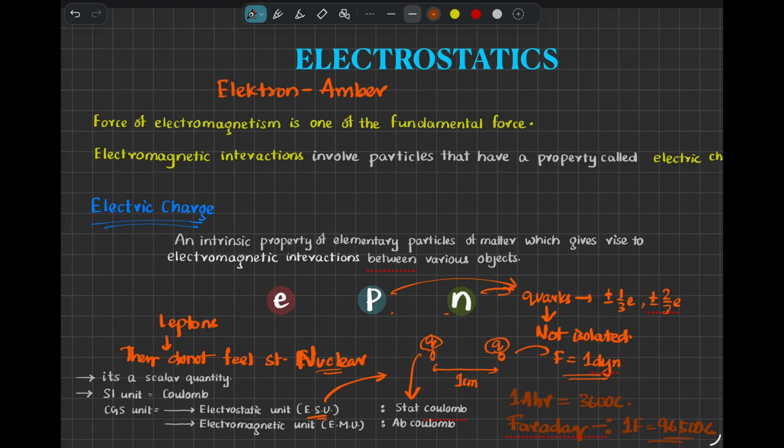Now out of all these units, if we compare them, 1 coulomb is basically 3 into 10 to the power 9 times electrostatic unit, which is equal to 1 by 10 times electromagnetic unit. Electrostatic unit is our stat coulomb and electromagnetic unit is our ab coulomb. So 1 coulomb we can say is 3 into 10 to the power 9 stat coulomb, which is also equal to 1 by 10 ab coulomb.